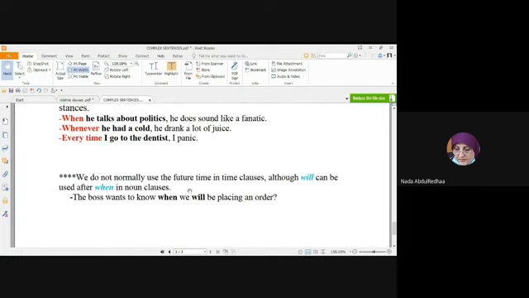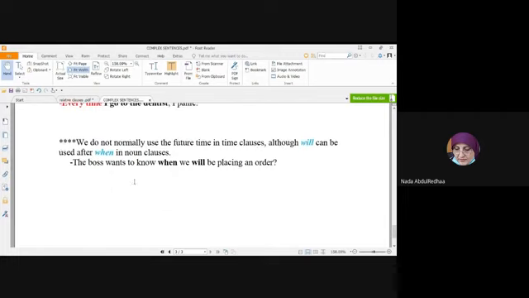Now, the last point: we don't normally use the future in time clauses, and we said this before. Only will can be used after when in noun clauses. Now, pay attention to this example: the boss wants to know when we will be placing an order. This sentence is not a complex sentence with a time clause.